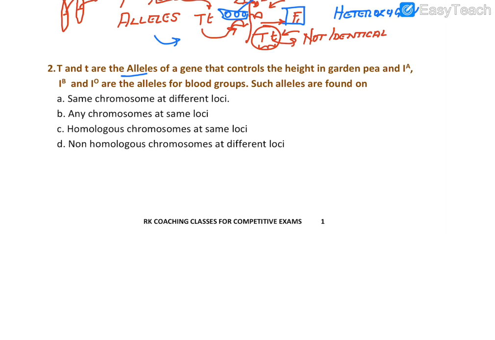According to Mendel's principle, only two alleles should control a character, but there are certain deviations from Mendelian principle. You find certain characters which are not controlled by two alleles, they are controlled by more than two alleles. Such alleles are called multiple alleles.